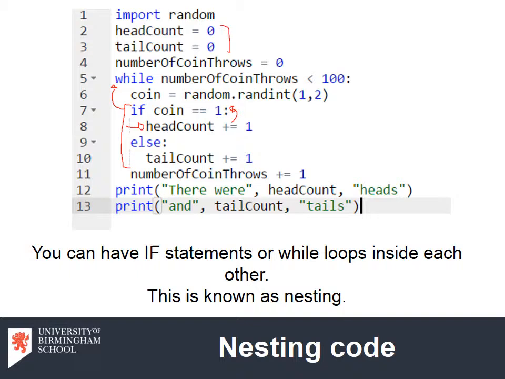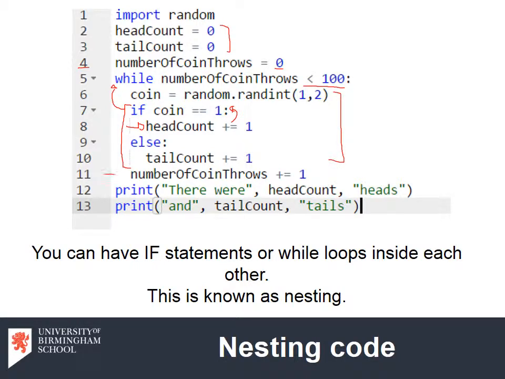So let's actually read the code. I've got head and tail count, so this is going to keep track of how many times I see a head or tail. Then I've got the variable I'm using to keep track of how many times the loop is running, called number of coin throws, and that starts at 0, so that's my initial value. I then got my condition to end the loop, so while it's less than 100, so while I haven't thrown 100 coins, keep going.